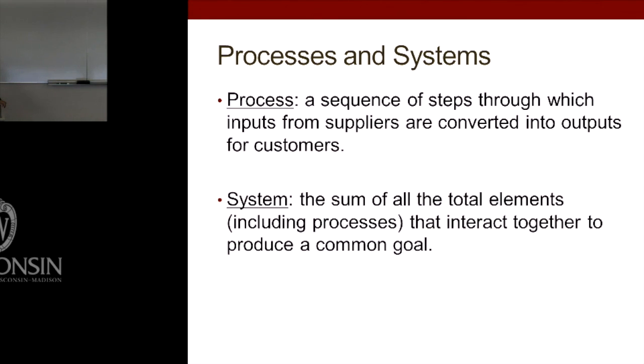And the system is the sum of all the elements, including the processes, that interact together towards producing a common goal. So if your common goal is to cure a patient, to make sure you're screening for certain things, what are the different systems that have to align to do that?